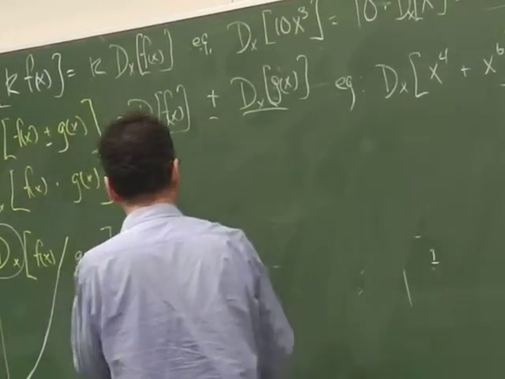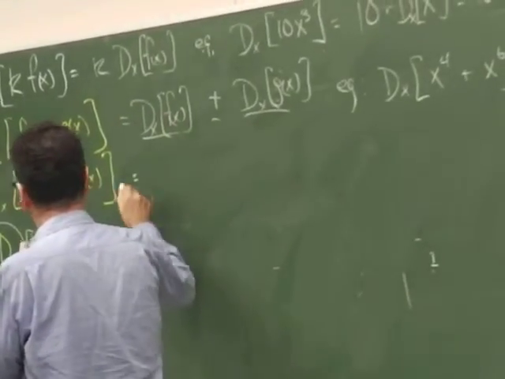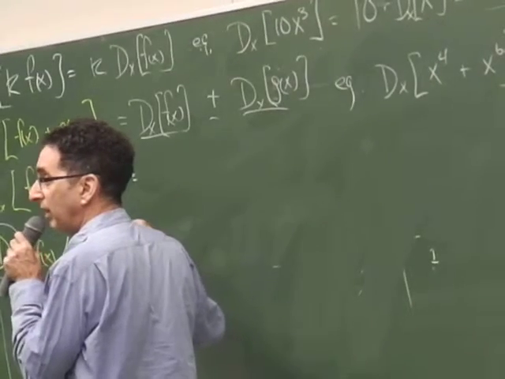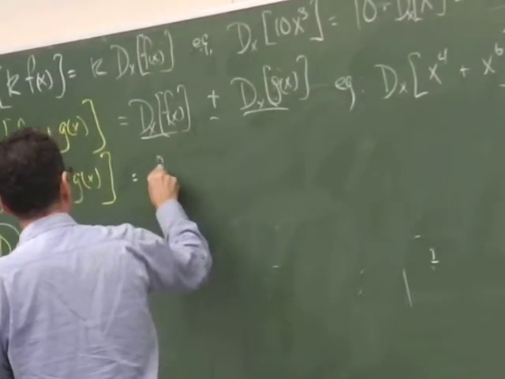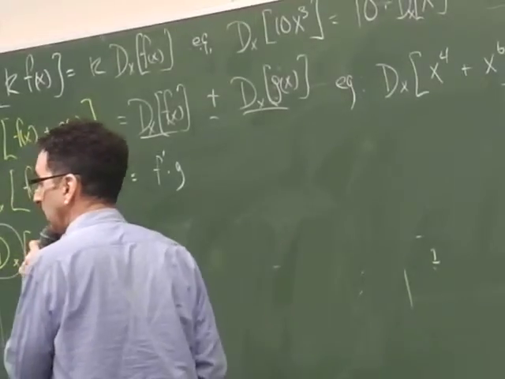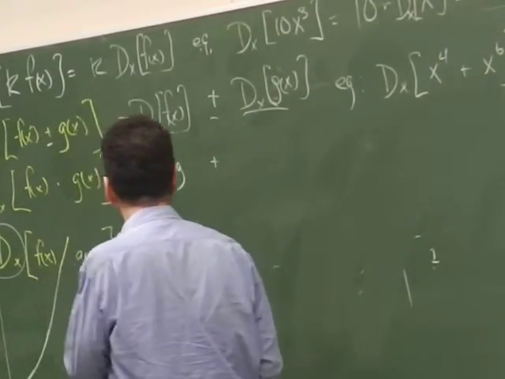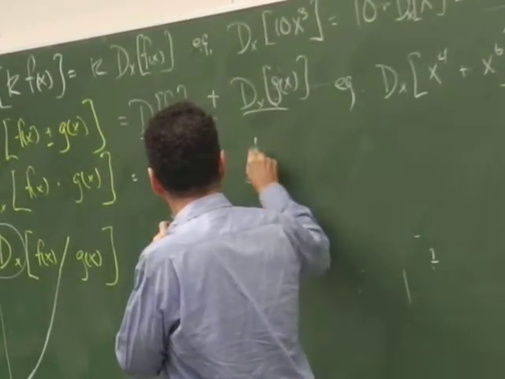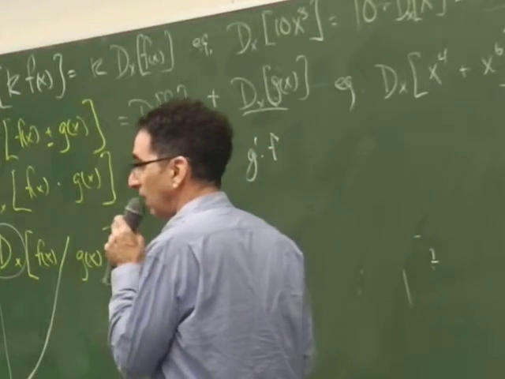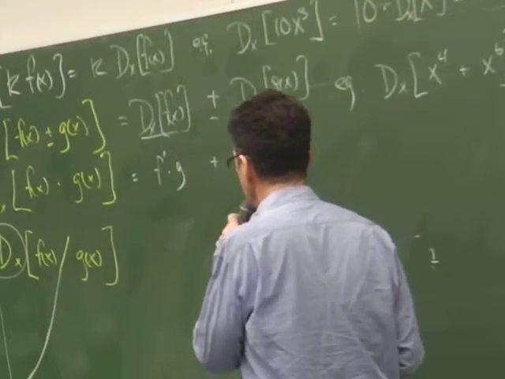Does anybody remember what it is? F prime times g plus g prime times f. Okay? So that was the rule.